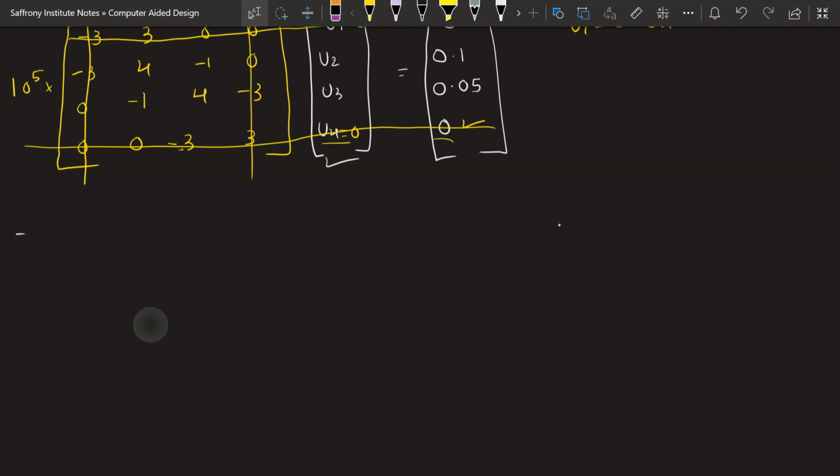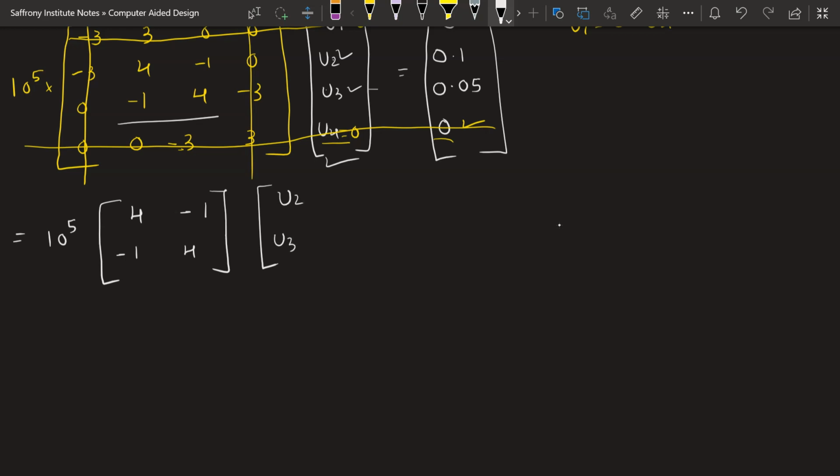So what's left now is 10 raised to 5 times the matrix 4, minus 1, minus 1, 4. Okay, this is called the elimination method. Also here it will be u2 and u3, and is equal to what we are having.